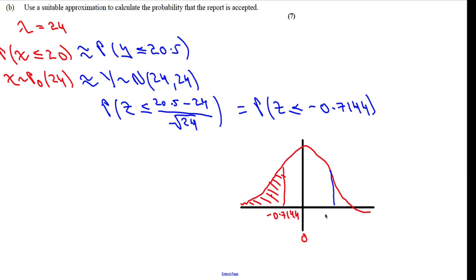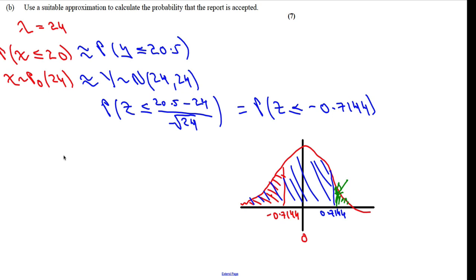If that, say, was 0.7144 and I do 1 take away this, which would be all of that, it's going to leave me with this green region, and this green region in here should be the same size as this red region.